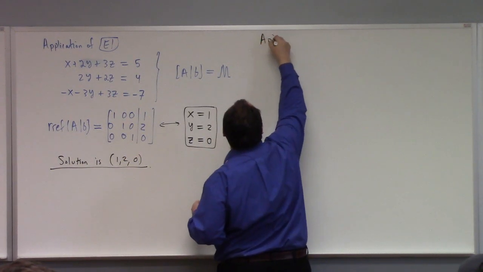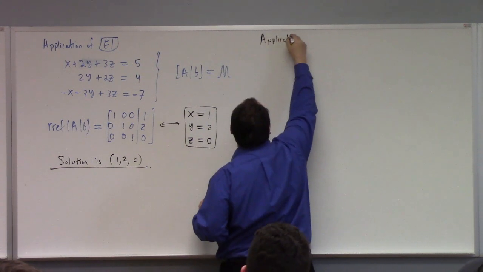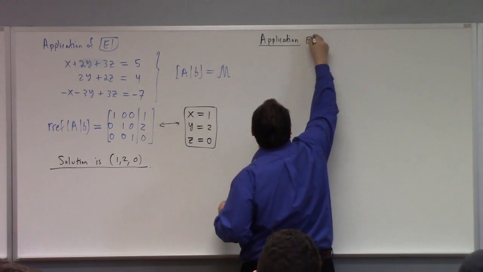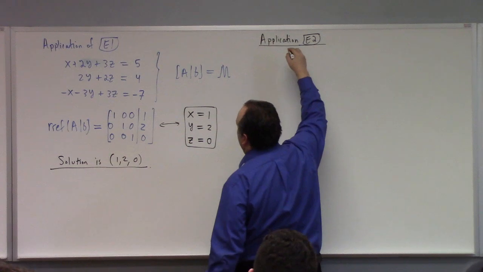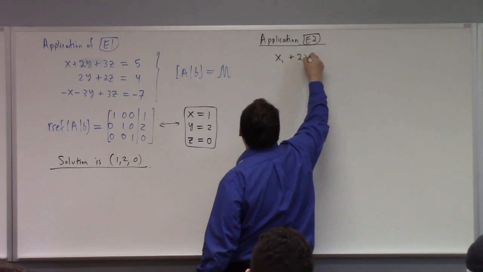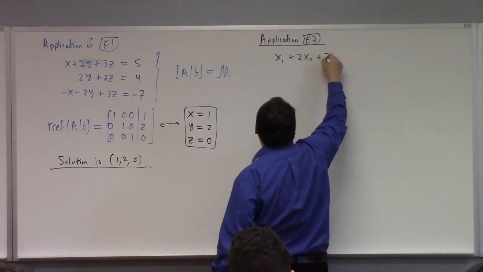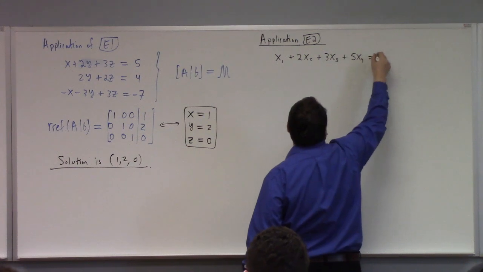These aren't really applications in the sense that I usually mean, guys, but I think it's a reasonable terminology. We're using the row reduction to interpret another problem. So the other thing I could think about would be something like x1 plus 2x2 plus 3x3 plus 5x4 equals 0.